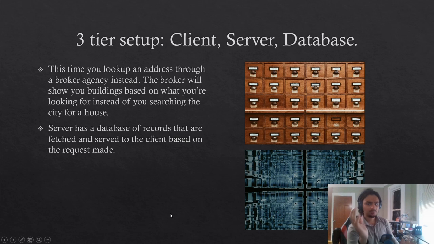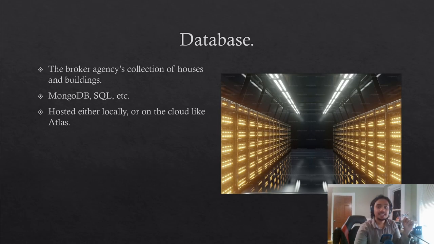I'll be going in depth in the 3-tier setup because I find it quite interesting, as most of the internet is 3-tier setup. So you have your client and you have your server, as you know, but instead of a direct server this time, there is a database, the collection of houses that the broker has.